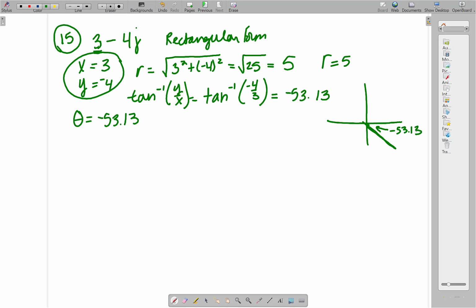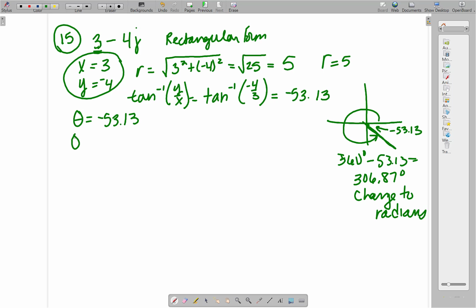So how are we going to figure out what this angle is? We would take 360 minus 53.13, and we would get 306.87 degrees. That is what we then need to change to radians.